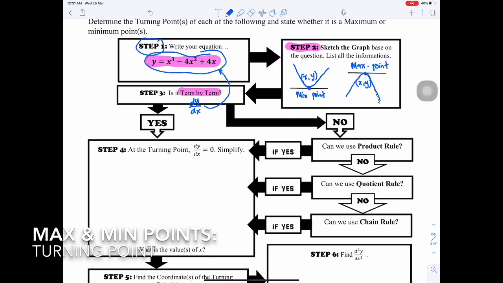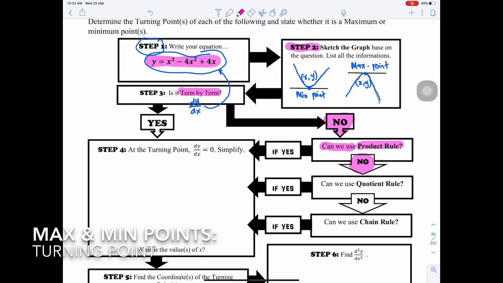But let's say the equation is not term by term, you can choose the second choice, which is no. If no, follow the flow, and the question asks you, can we use the product rule? This is another method to differentiate the equation. If yes, continue with step 4.